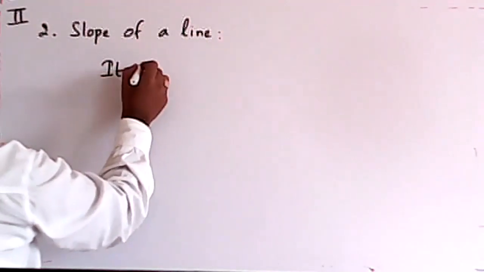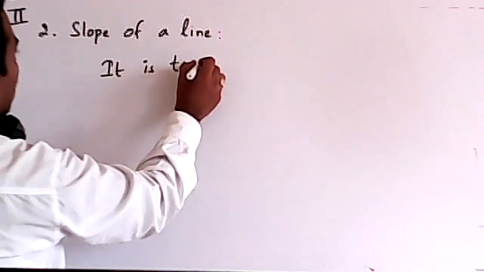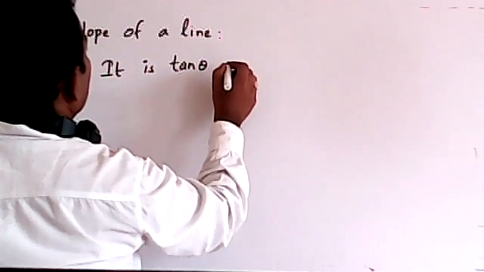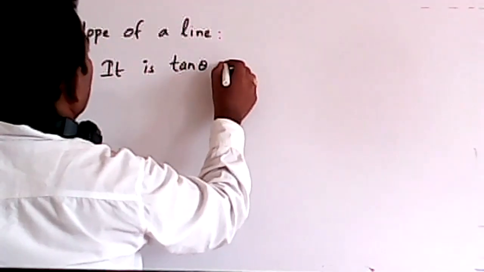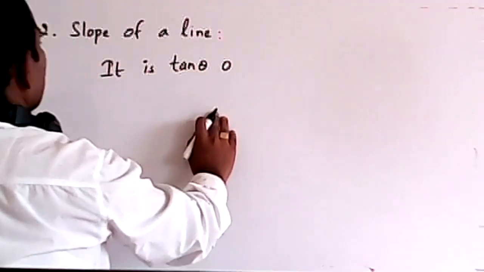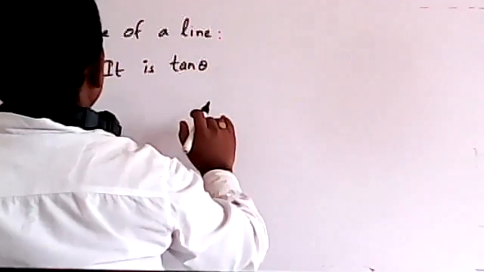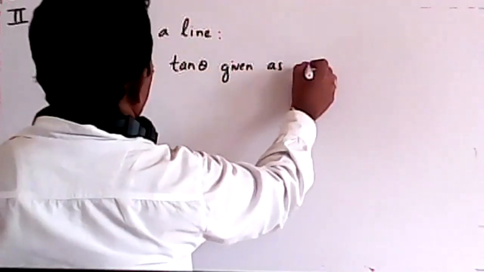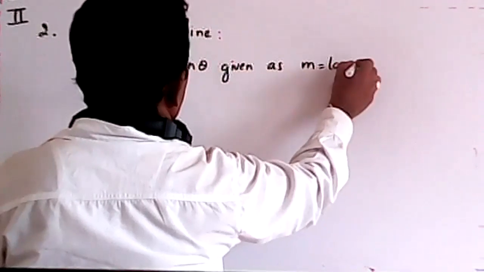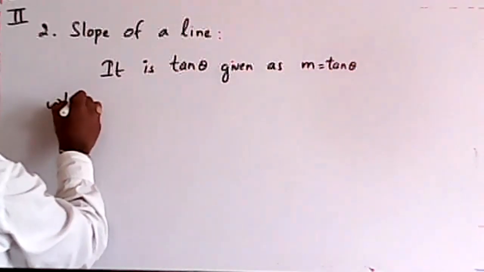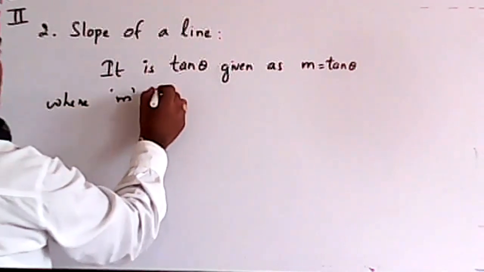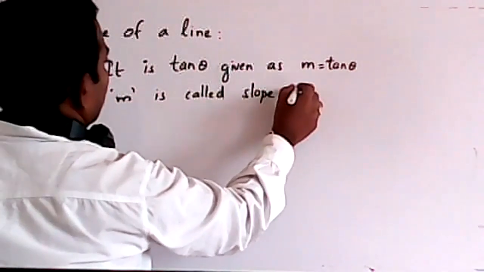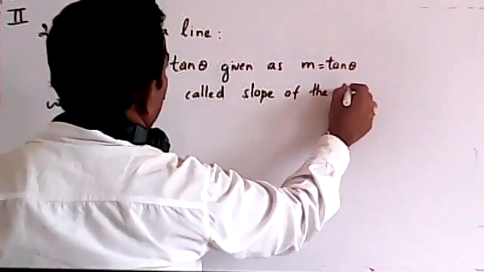It is tan theta, given as m is equal to tan theta, where m is called slope of the line, whichever line you can take.